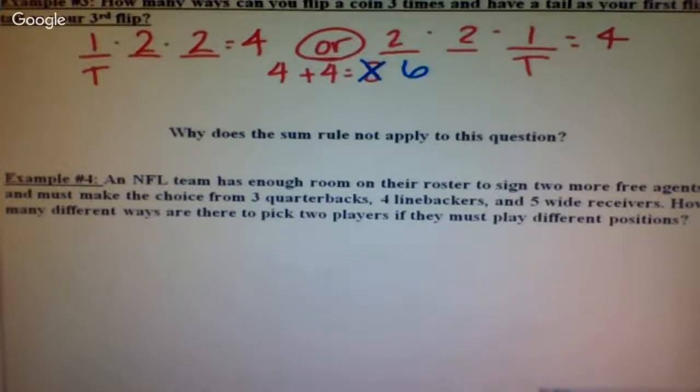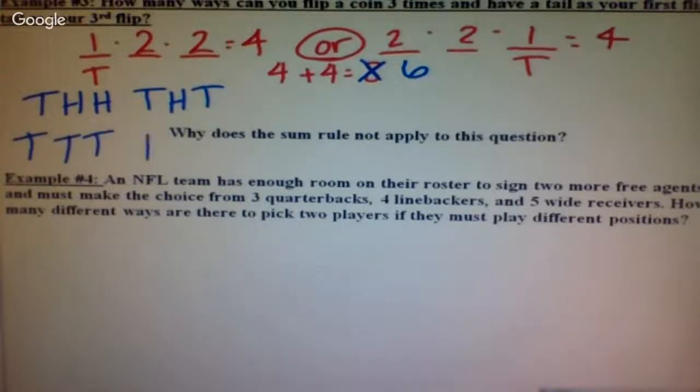Okay, so let's talk about what this looks like. Tails has to be first. So I can do tails, heads, heads. What else can I do? Tails, heads, tails. Tails, tails, heads. Tails, tails, tails. That's 4. Okay? Let's go over here.